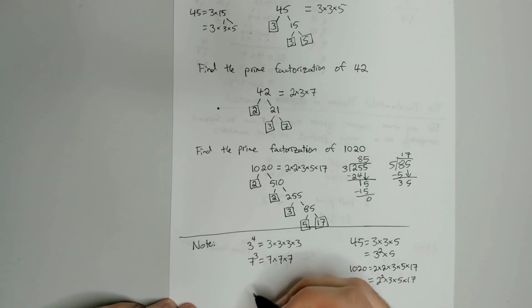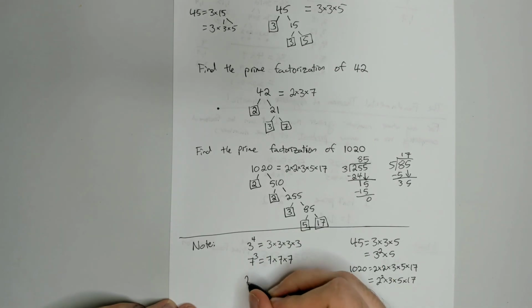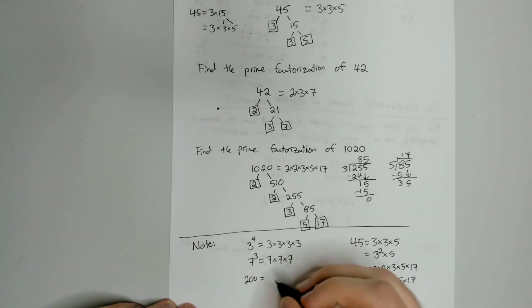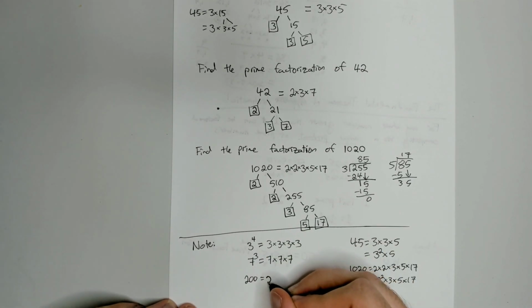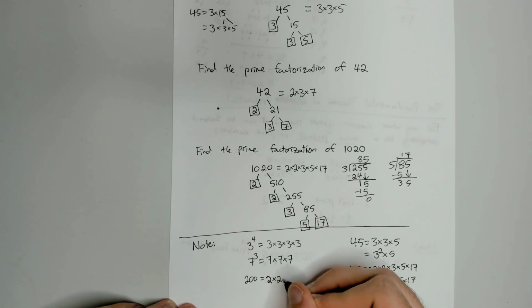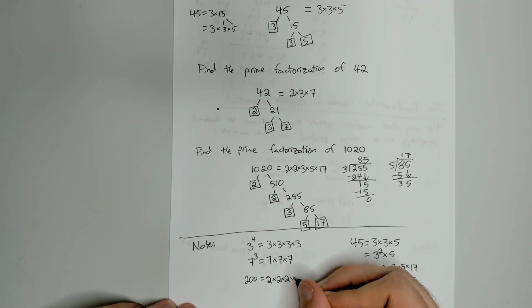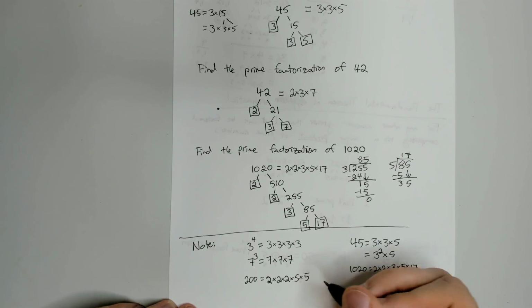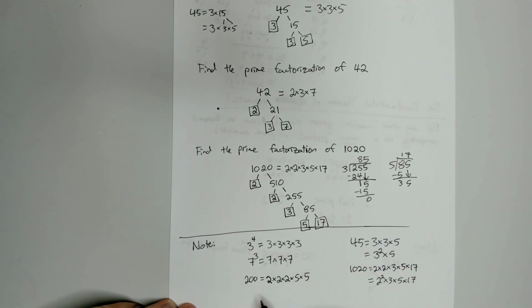And another number, let's say 200, the prime factorization of this, and you can check this yourself, is going to be 2 times 2 times 2 times 5 times 5. So what would be a more practical way, or a more condensed way using exponents of writing 200?